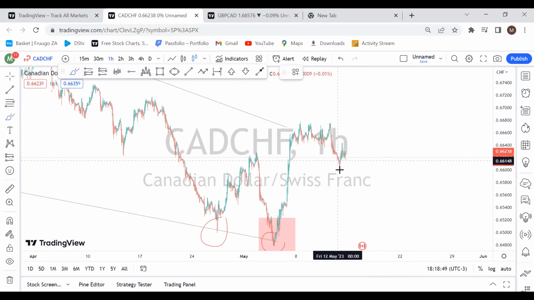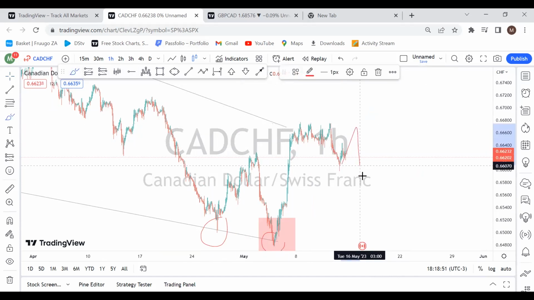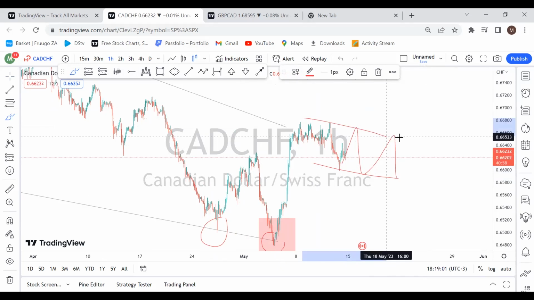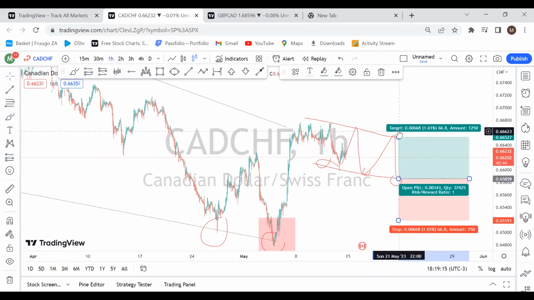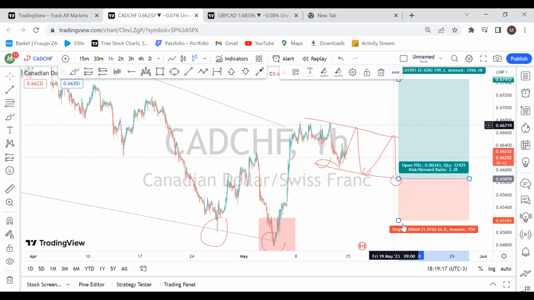So something like this. If it does form something like this, we're just going to apply the same concept, which is the 1, 2, 3 touch concept, and place our entry at the third touch, which will be somewhere right there.